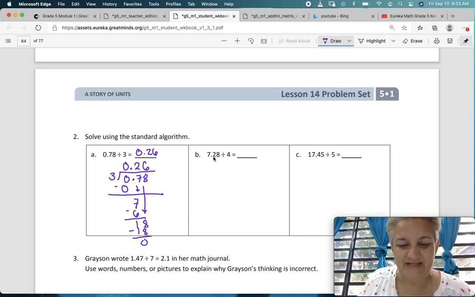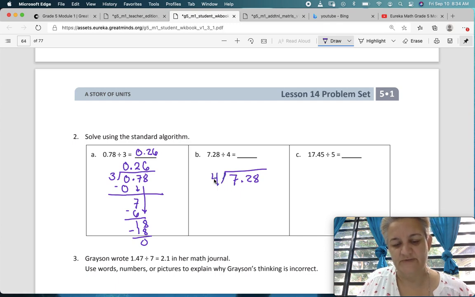Okay, 7 and 28 hundredths divided by 4. First, we're going to go into the ones place. 4 goes into 7 one time, right? So now we have 3 left over. So we're going to have to turn those into 30 tenths. Bring down the 2.